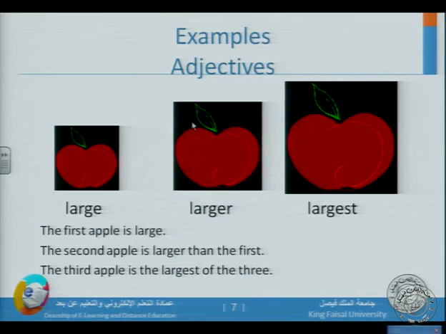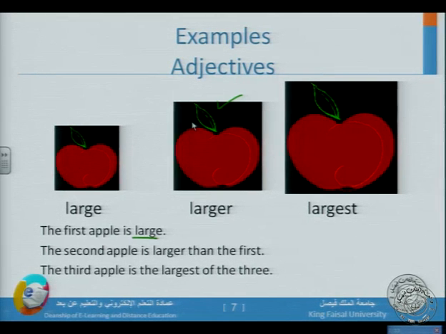For example, we have here some more examples about the adjective. Look at these pictures and read the first sentence. The first apple is large. The second apple is larger than the first.